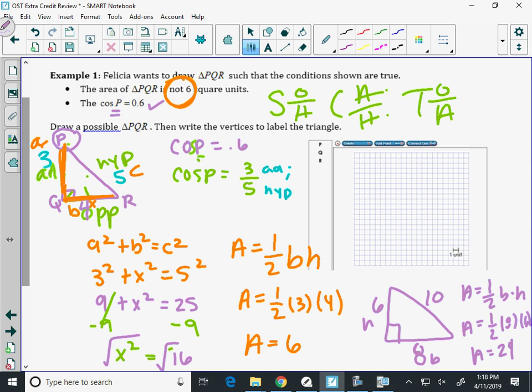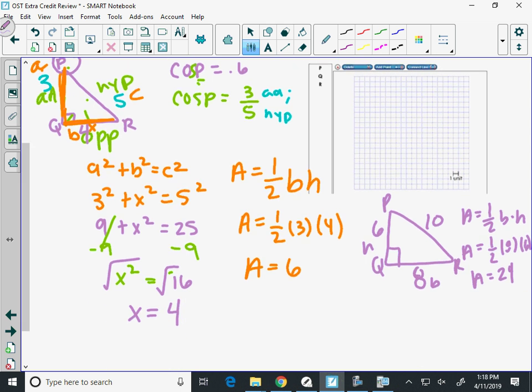And the cosine of P in triangle PQR is still 0.6. This is my opposite, this is my adjacent, this is my hypotenuse. When I find the cosine of P, 6/10 still equals 0.6. So we fit all our criteria, that's the size of my triangle. You could have multiplied each side by 3, by 4, I wouldn't go very much bigger than that.